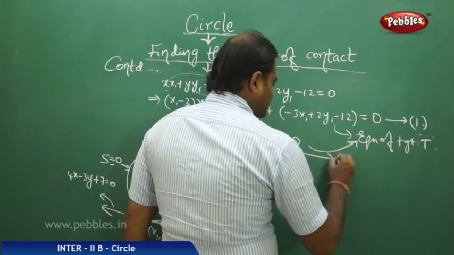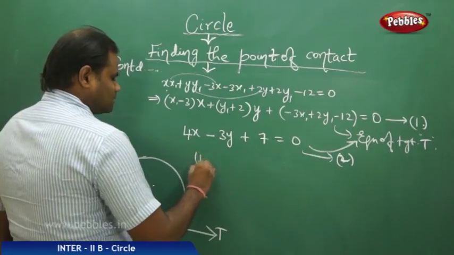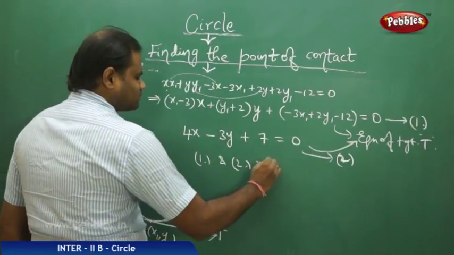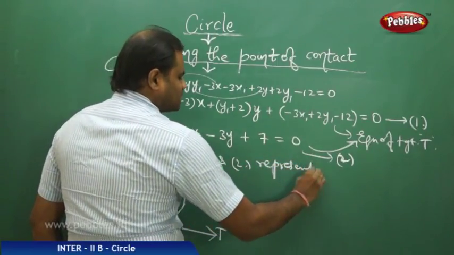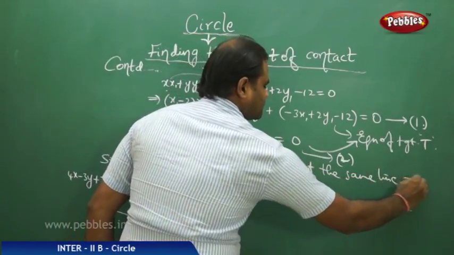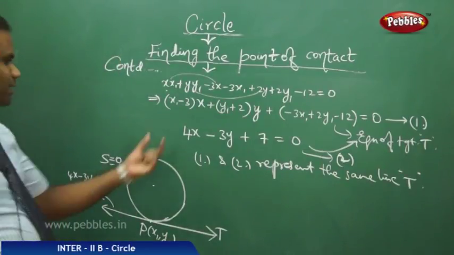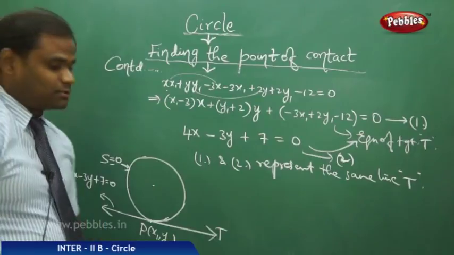So if I take this as equation 1 and this as equation 2, I clearly understand that 1 and 2 represent the same line T. Therefore, their coefficients must be in same ratio.